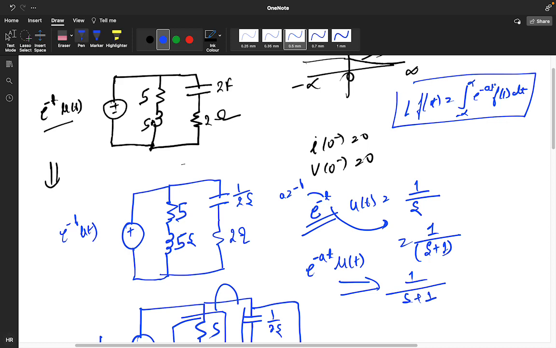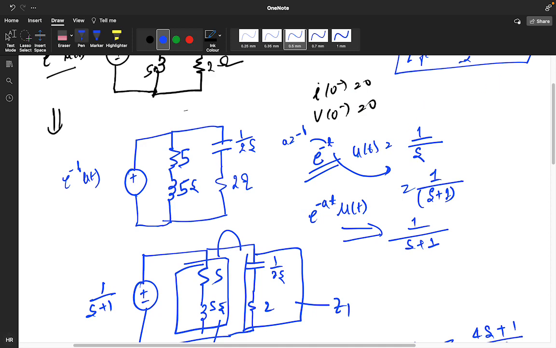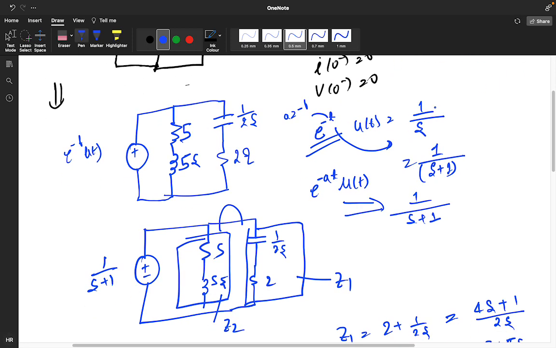For now, just understand the step function Laplace transform is 1 by s, and here a delay function is coming, so whatever the a value is, it will be added here. So e power minus at into u of t gives 1 divided by s plus 1.